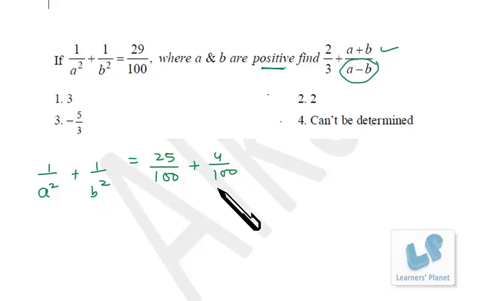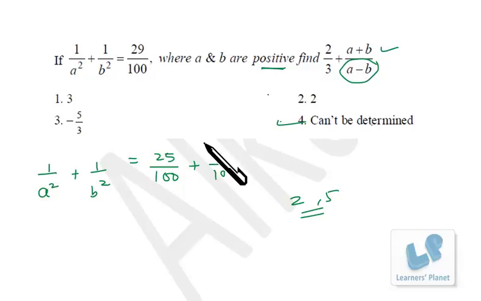So a and b are 2 or 5. So we cannot get a unique value of a minus b. Maybe a is 5, b is 2, maybe a is 2, b is 5, right? So in that case, a minus b can produce maybe a positive, maybe a negative value, right? So uniquely we cannot determine the answer of this question. So it can't be determined.